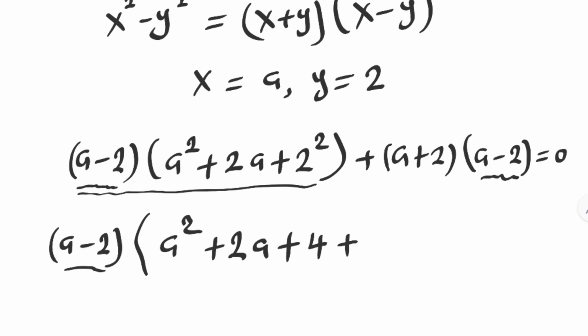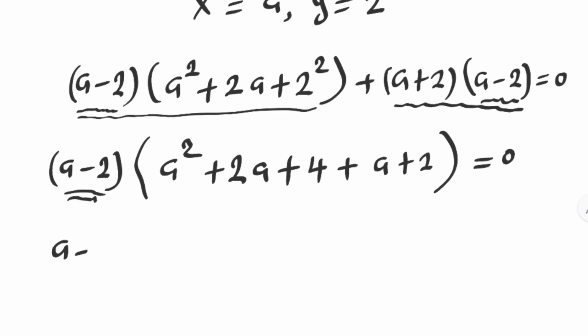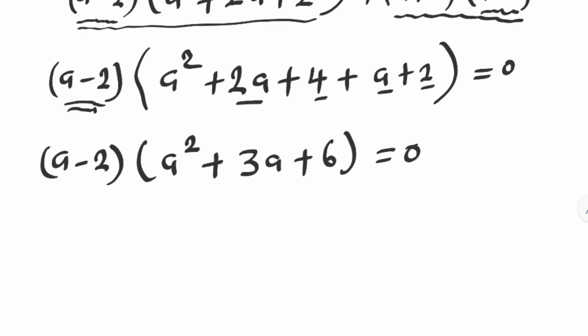Then plus if you divide the whole of this by this, we have a plus 2 is equal to 0. a minus 2 bracket a square plus 2a plus a, that is 3a, plus 4 plus 2, that is 6, is equal to 0. There are two cases here.